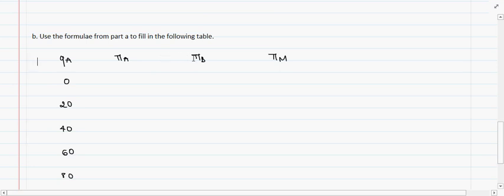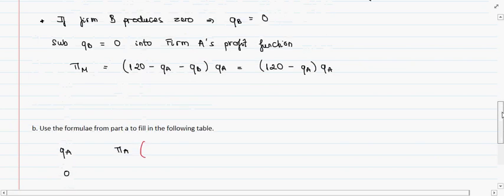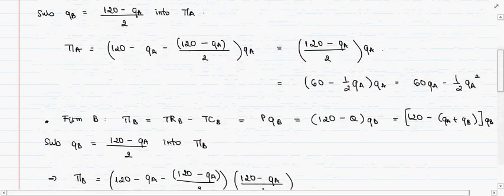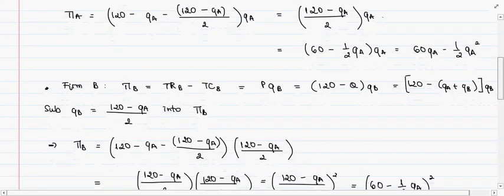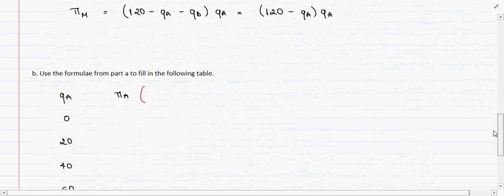So for firm A, the profit for firm A I found earlier is going to be 60 QA minus half of QA squared.